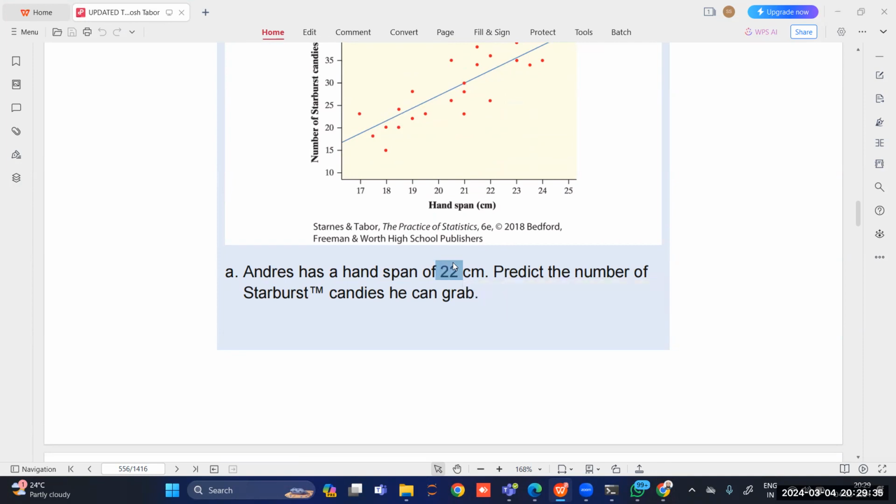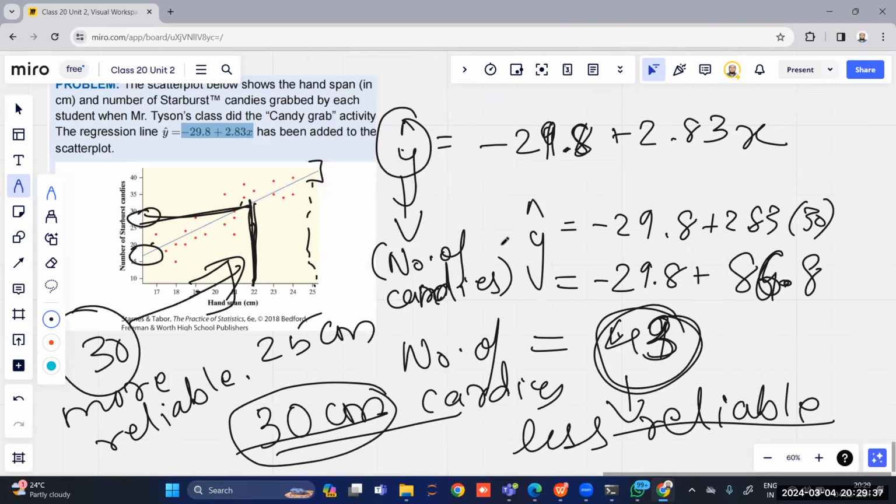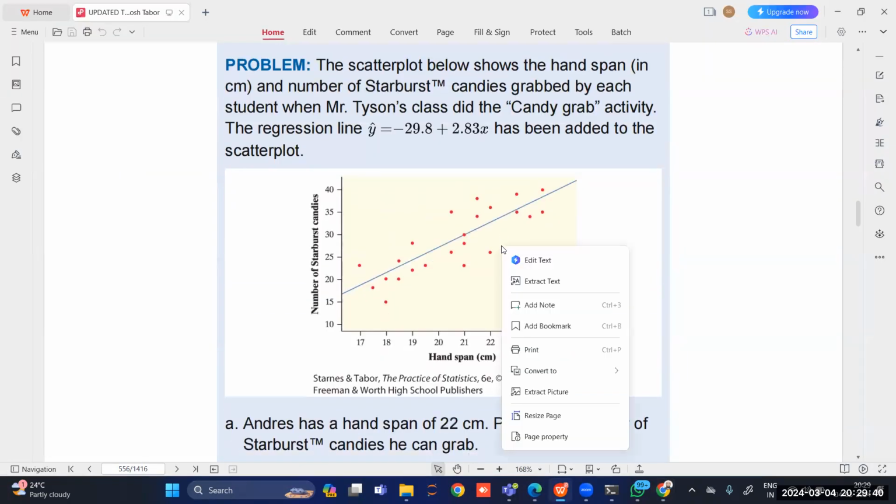By putting 22 into this formula, y cap equals minus 29.8 plus 2.83. Come on, do this sum. 33.46.